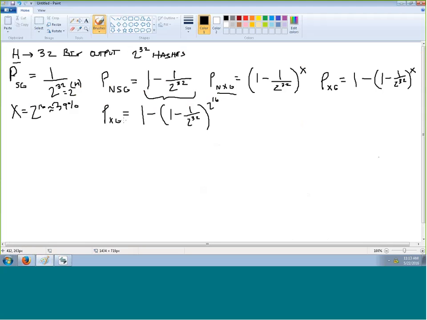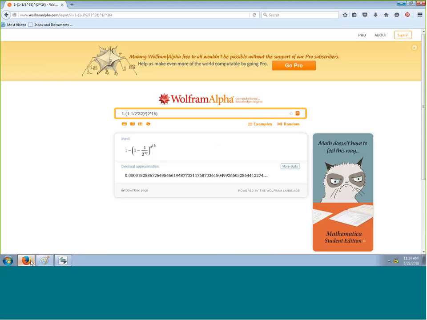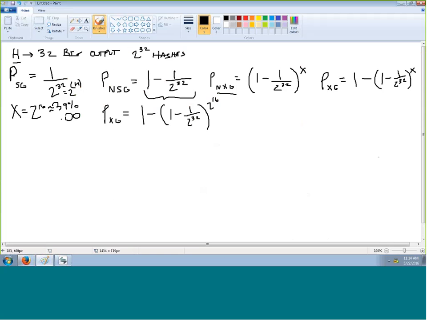So let me go back up here and we'll update. I moved this over 2 decimal places, 0.0015, excuse me. So that's a big difference, 0.0015%. So we can see that it's a lot harder to generate a weak collision than a strong collision.